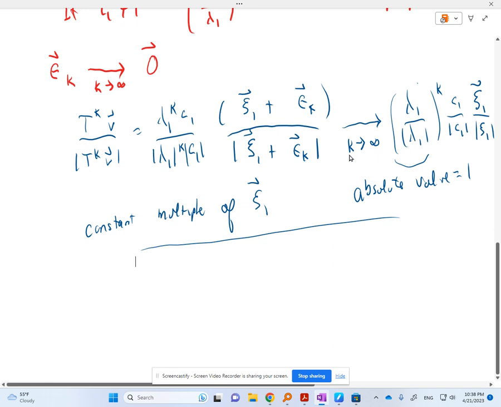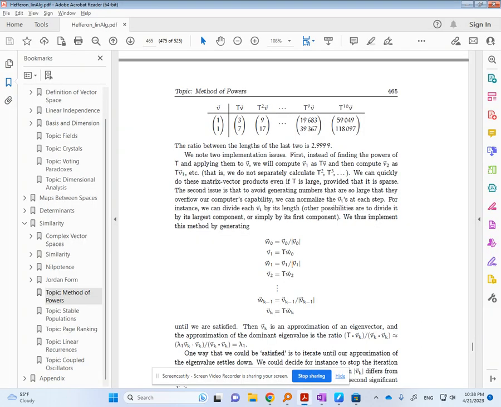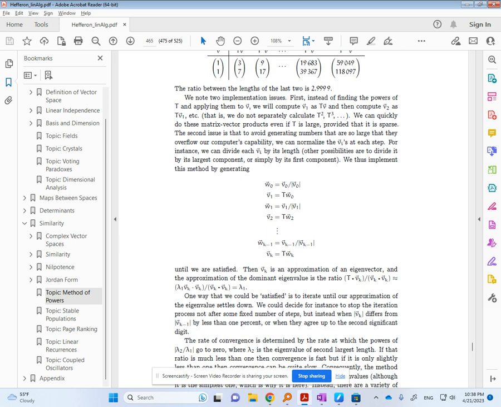And I want to make the point also that when he's doing this process here, he's basically taking T times the previous vector, then multiplying by a constant, and then taking T times the previous vector, multiplying it by a constant. Those constants can come out, and essentially he's taking a power of T times the vector, and then multiplying that by a constant. All right, so that's what's going on here.